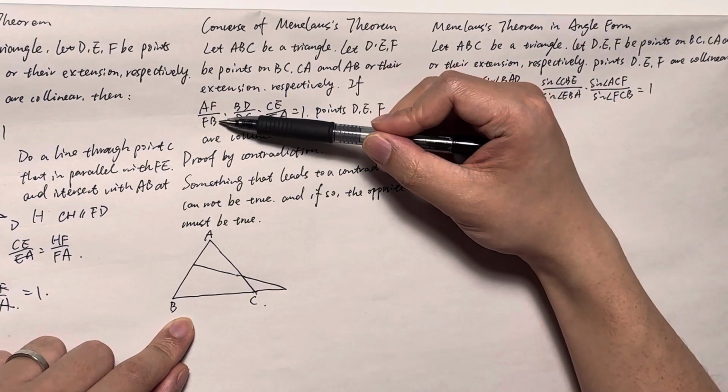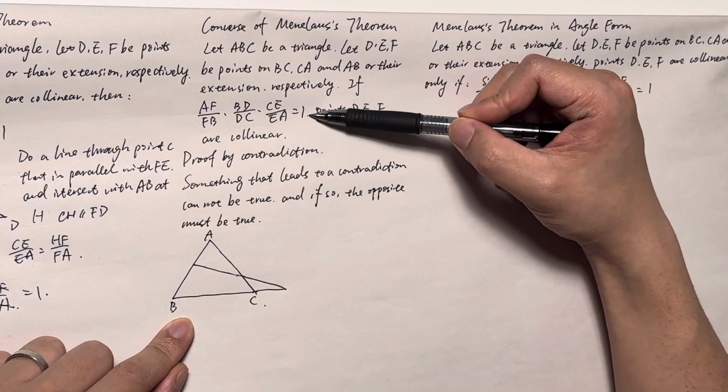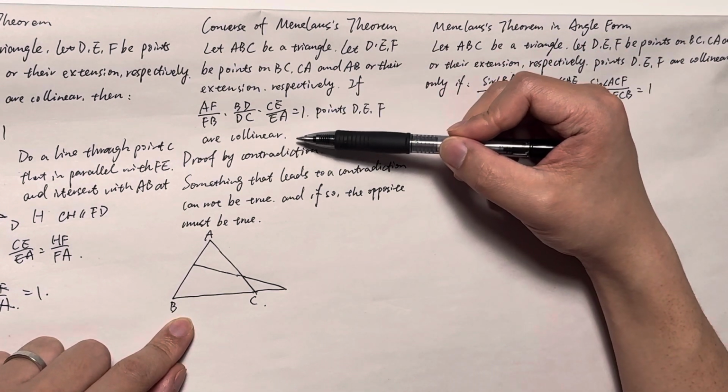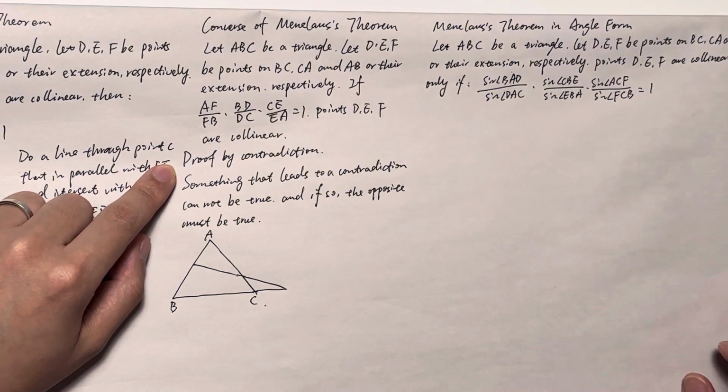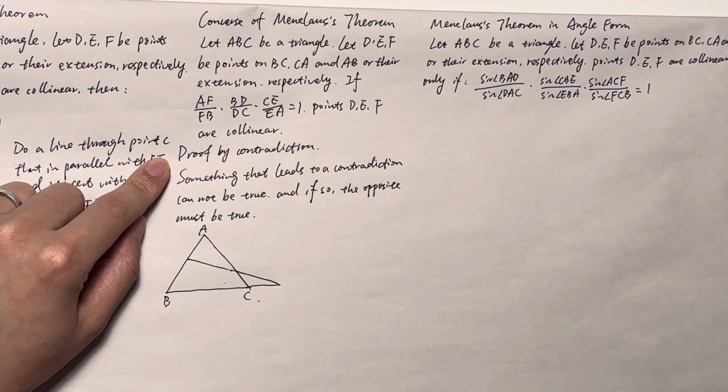If AF divided by FB times BD divided by DC times CE divided by EA equals 1, then points DEF are collinear. Here I want to introduce a methodology that is widely used in geometry problems.